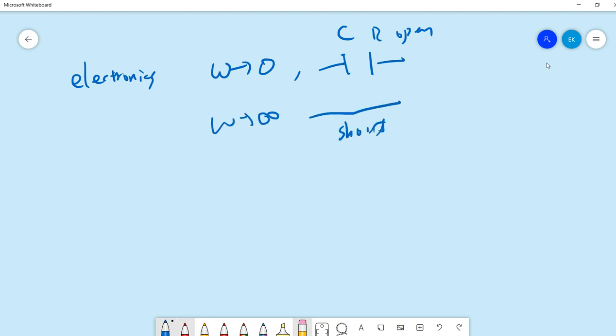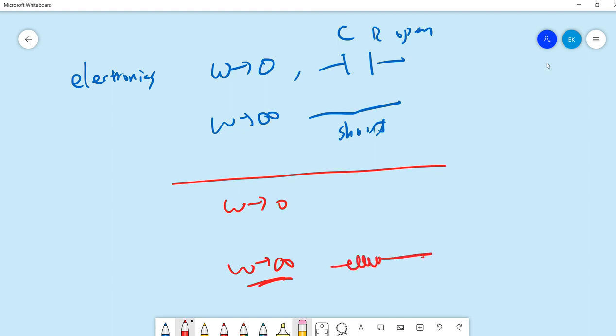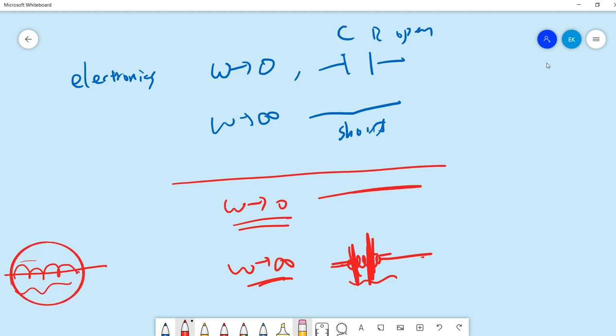This is the reverse of the inductor. For an inductor, if your omega is very high, there will be so much magnetic induction that the inductor will be open. And when omega is 0, there's no change in the inductor, so it looks like a short.